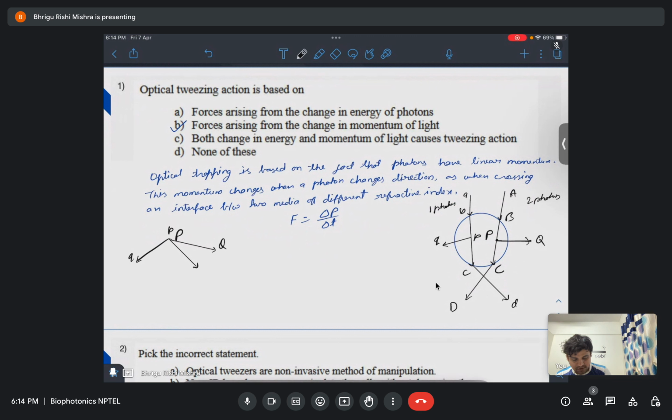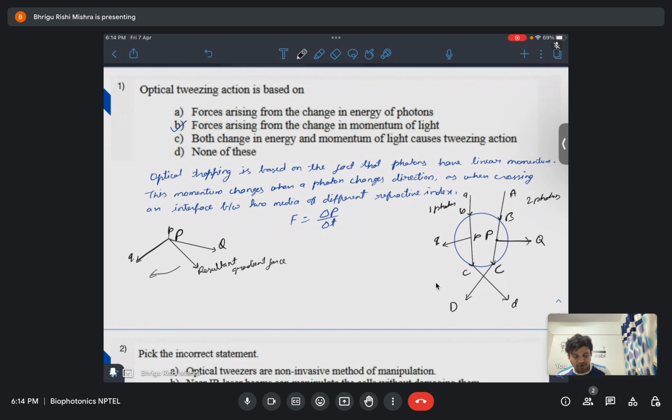So this is the resultant gradient force. From this you can control the motion of the sphere. If you want to move it along this direction, then you should have more number of photons.